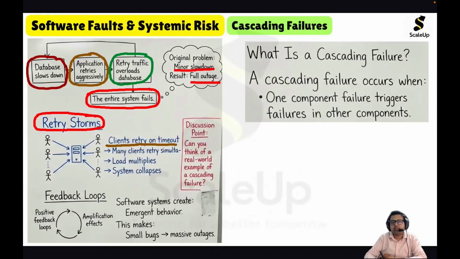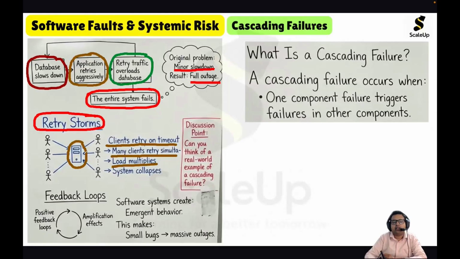Now the problem is that, let us suppose the server or any resource is down, and many clients are trying to access it simultaneously. Since it is down or slowed down, many clients will retry simultaneously. Because of that, the retry load will multiply.